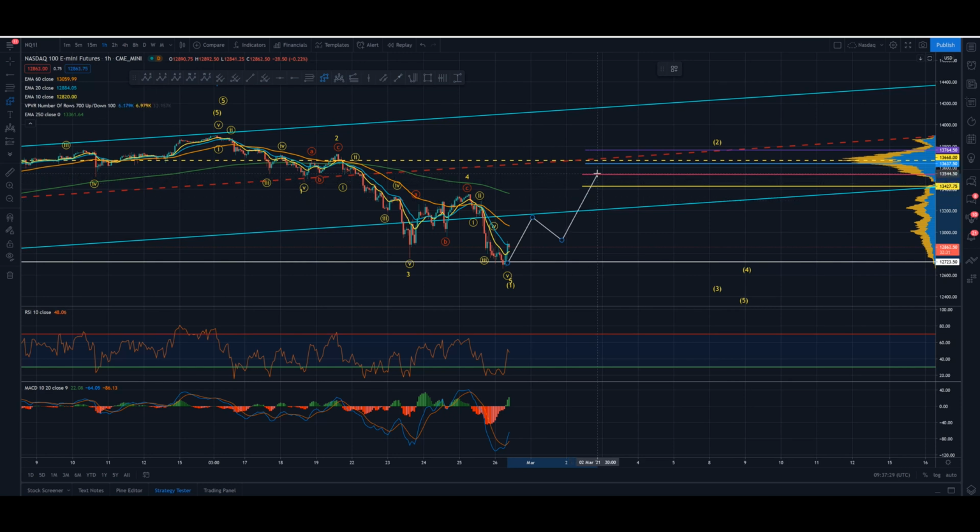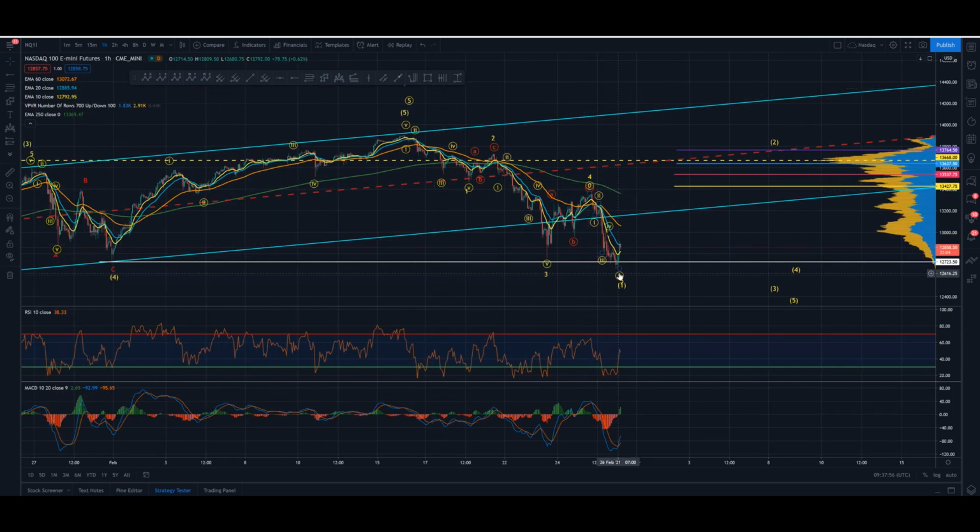If we were to push higher to the 707, we'd be looking at 13,537.75. If we were pushing to the 78.6, we'd be going to the 13,637.5. And if we were pushing back up to our 89% retracement of that high, we'd be looking at 13,764.50. So a whole bunch of resistance to come.